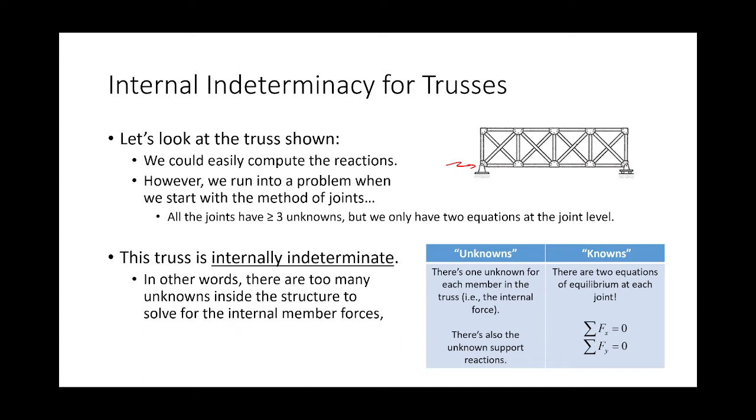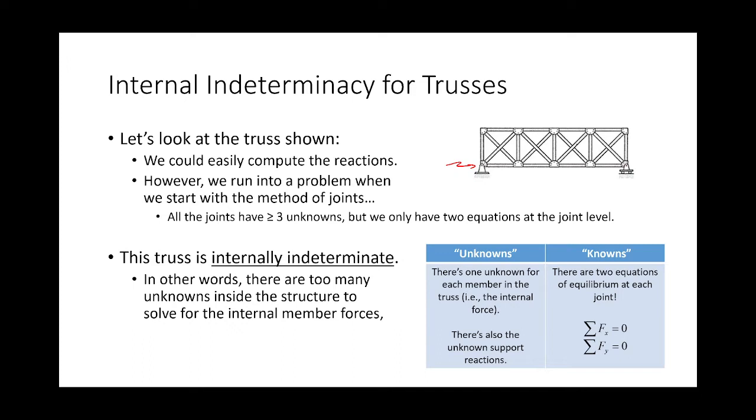The support reactions. And how many unknowns per member? 1. Why? Because the assumptions that we have made assume that there is only one type of force inside each truss member, an axial force, right? So the unknowns are M plus R, the number of members plus the support reactions, because there's 1 per member.